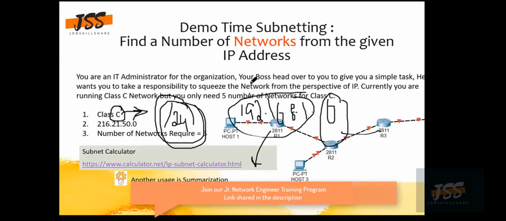If you do 8 plus 8 plus 8, which represents each octet, what does it become? 24. If you do the multiplication on a calculator, it will come up with some value. This is how you are going to have the number of networks in your local area environment, which is a lot. But what your boss is basically telling you is, I just need 5 networks.